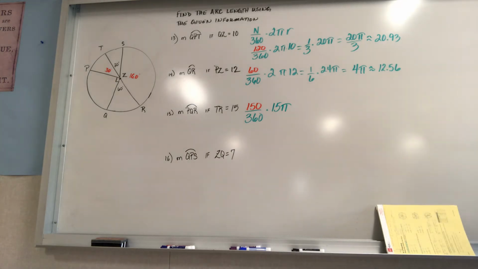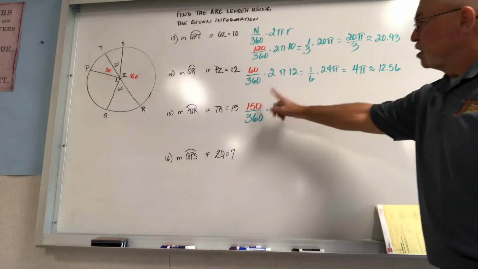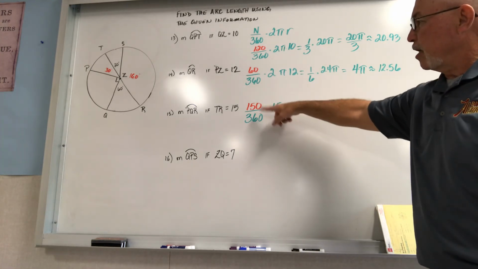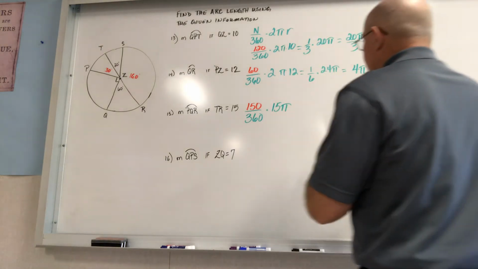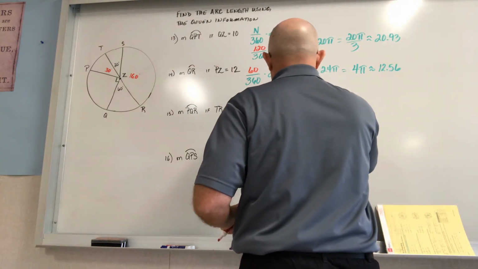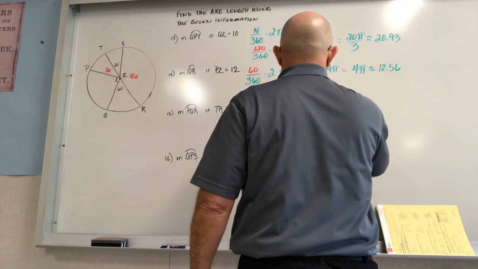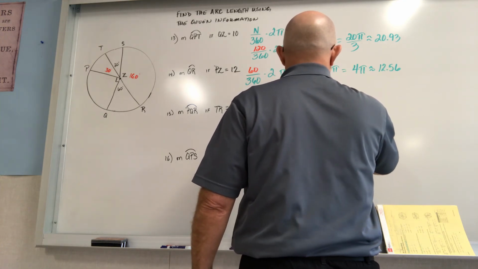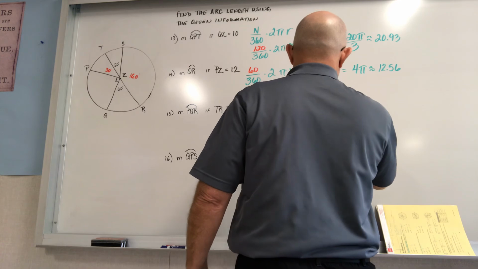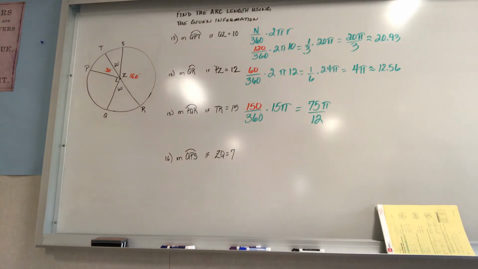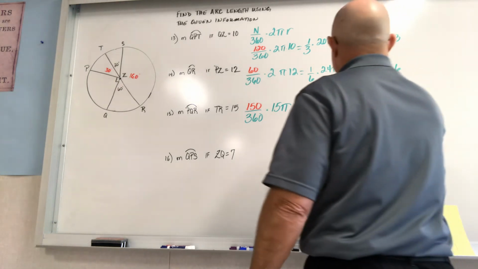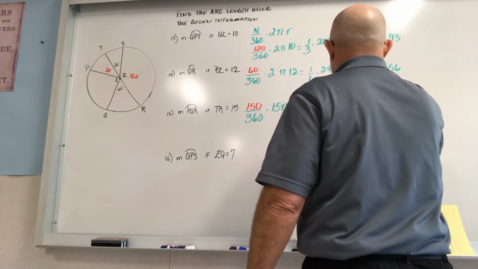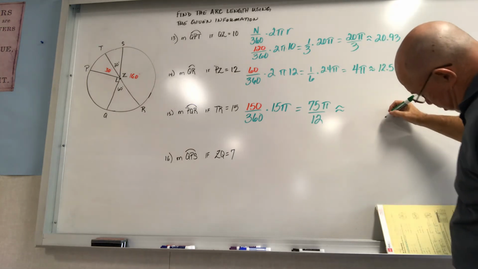Simplify. Both of these have 30. We're going to break it down, and then I'm going to multiply by pi.